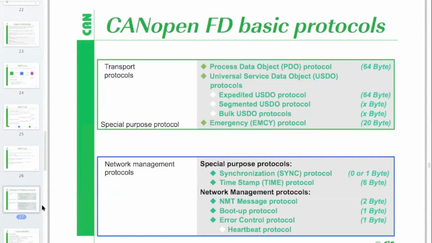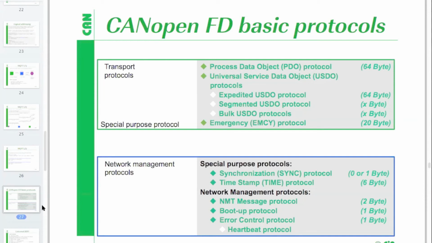And now we go shortly to the new technology we already have, but this will also have an impact on our already released, or maybe in the future released, CANopen IoT, because we have CAN-FD based technology called CANopen FD.